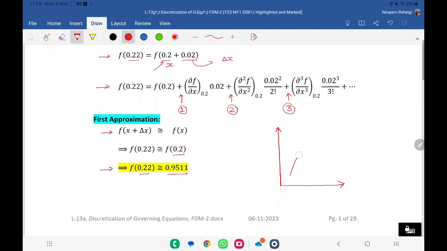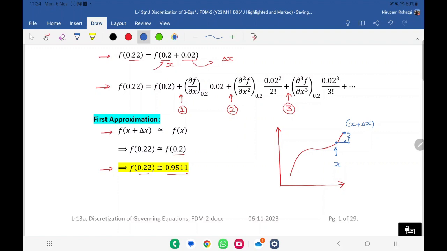What it means physically is that if my function is like this, and we have to find the value at this point in terms of the value of the function at this point, then the value at this point is nothing but this. This is my x plus delta x, and this is my x. So of course I get this error.